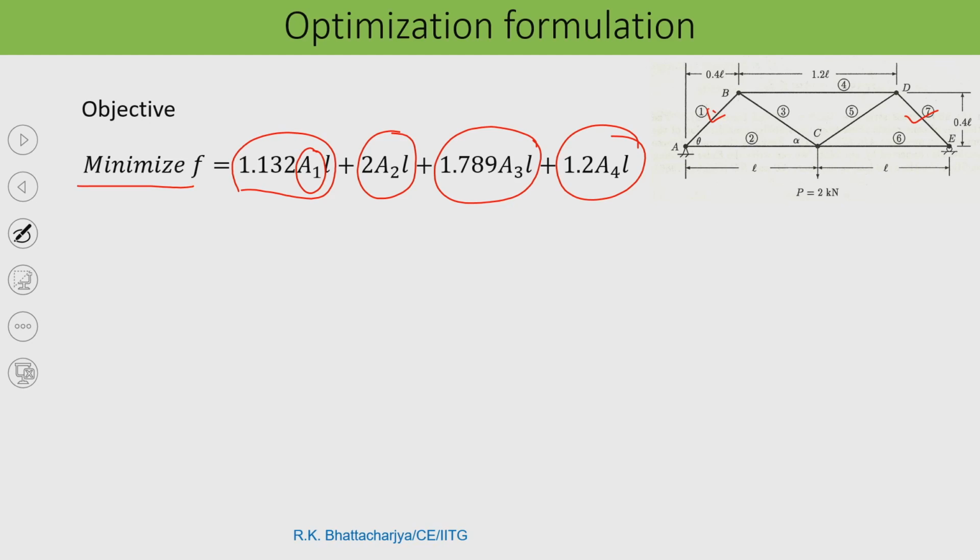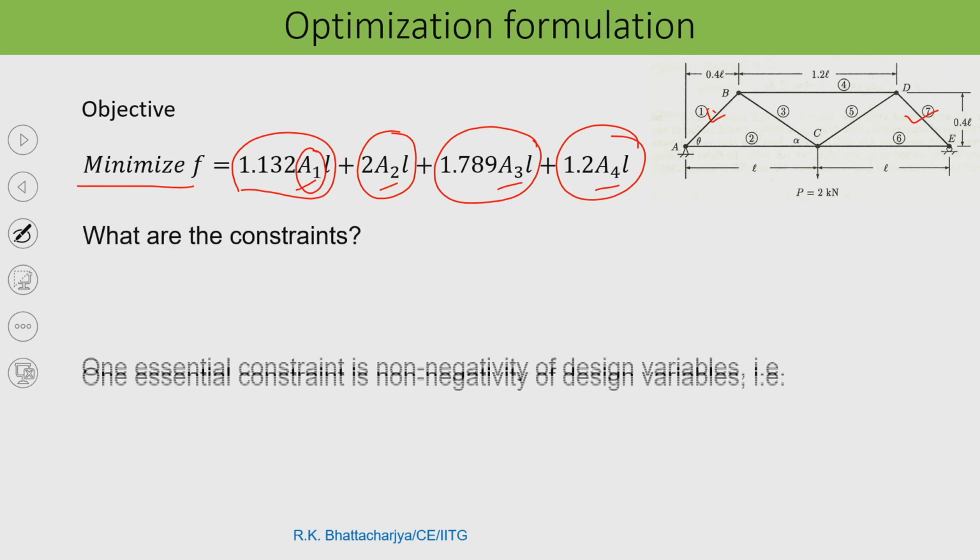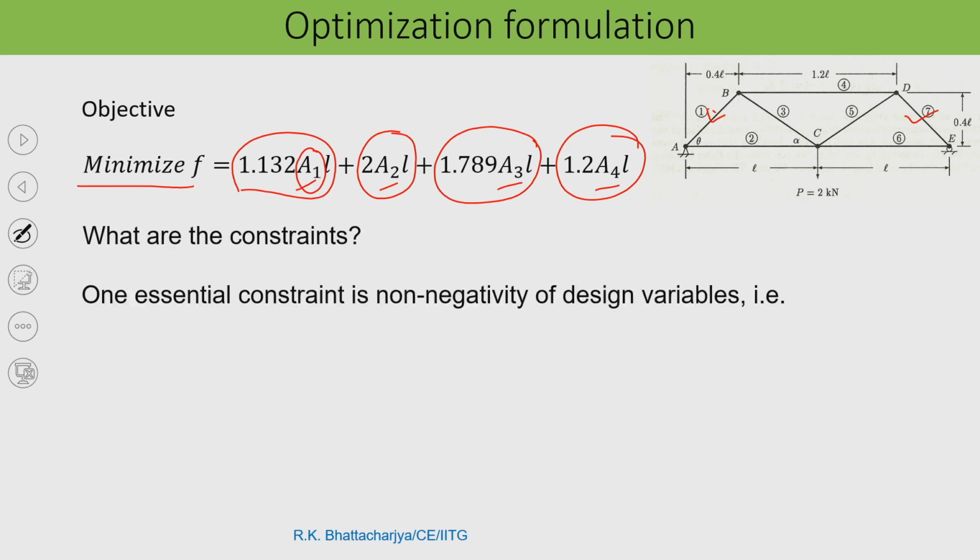So, here what would I like to find out? I would like to find out the values of A1, A2, A3 and A4, so that the material cost is minimum. Now, this is your objective function. Then what are the constraints? One essential constraint is the non-negativity of design variables. What does it mean?